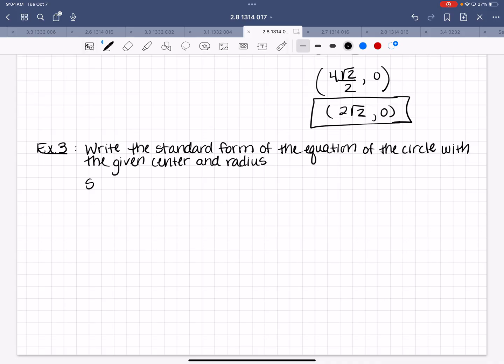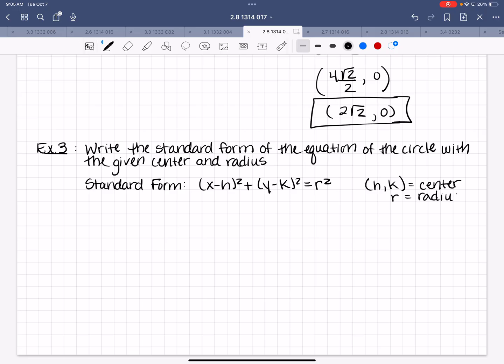So we know that the standard form, and you can look back over there because you just learned it, is x minus h squared plus y minus k squared equals r squared. h, k is the center and r is the radius.